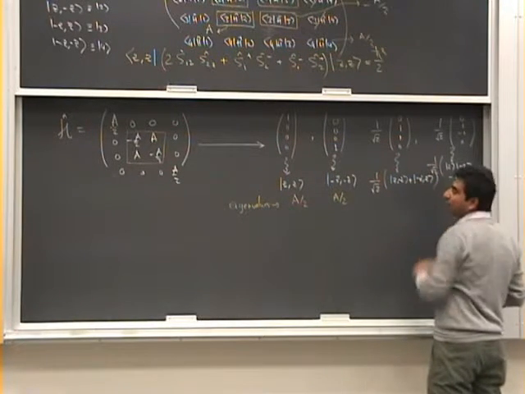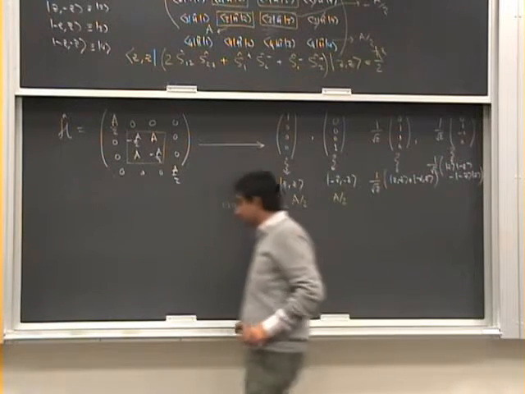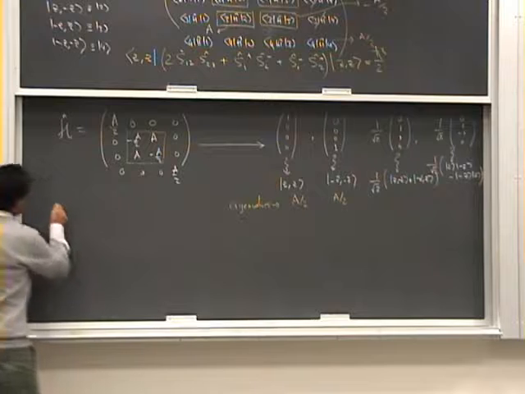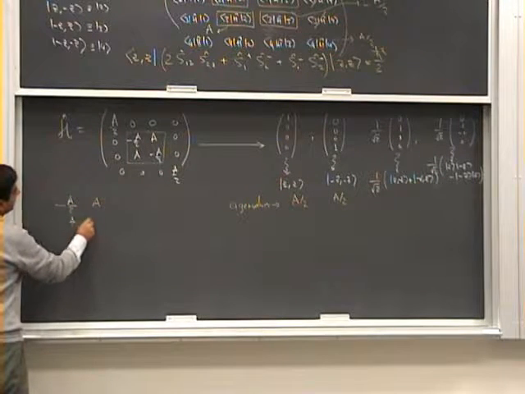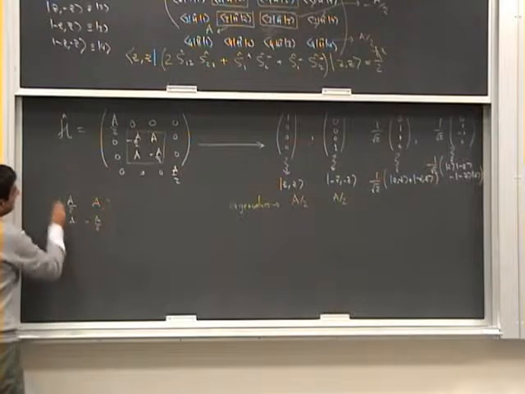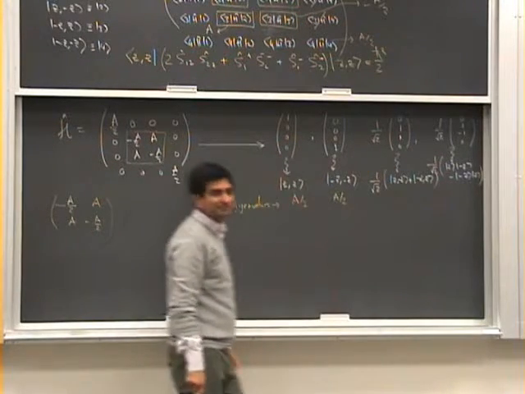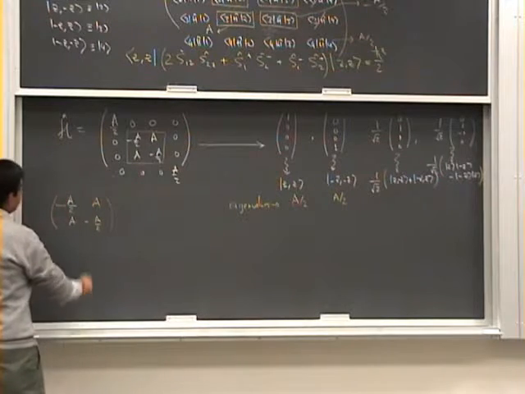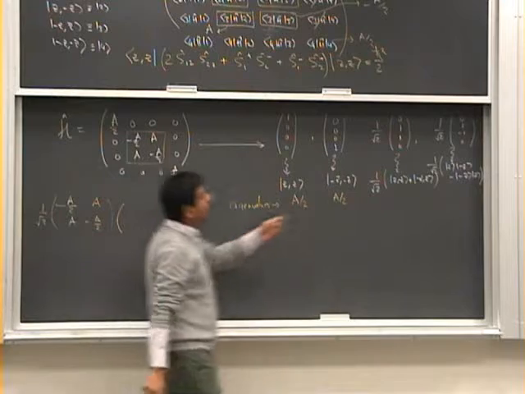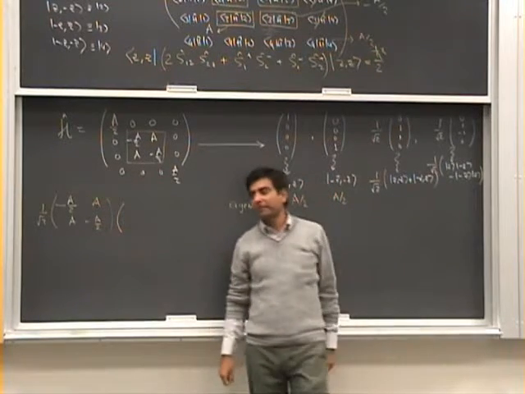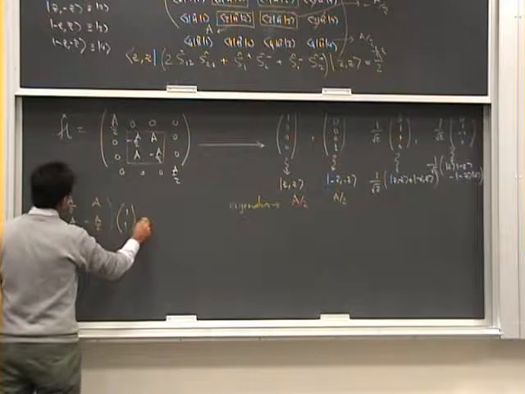The eigenvalues are not clear. So if I choose this small block matrix, minus A by 2, A, minus A by 2, and I take the first eigenstate, which is 1 over root 2, 1, 1 here, ignoring these zeros because I reduced the problem to a 2 by 2 matrix. Let's see what I get.